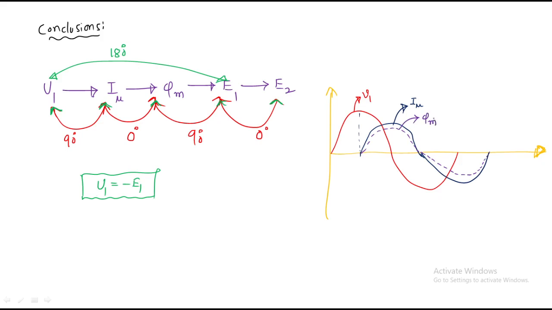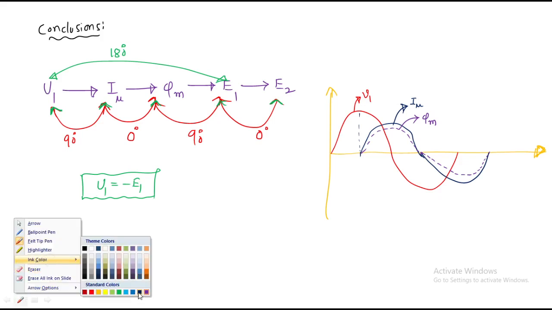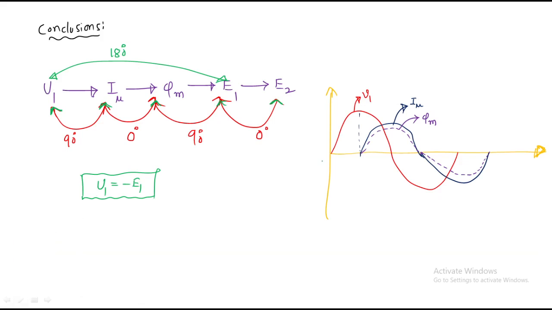Flux. Clear? Right? Then after 90 degrees of phase displacement of flux development, an EMF will be induced, that is E1, obviously, which is nothing but opposite to supply voltage. So obviously exactly opposite to supply voltage.